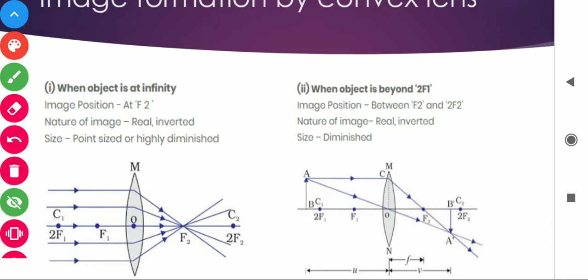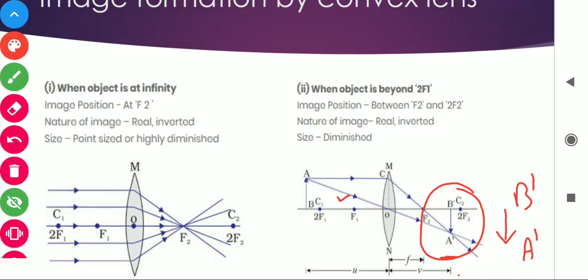Okay, students. The next one. Next comes from optical center, and passes away without deviation, and they both intersect at point A dash. And when we draw the perpendicular to the principal axis, it becomes A dash B dash. And this is the image.